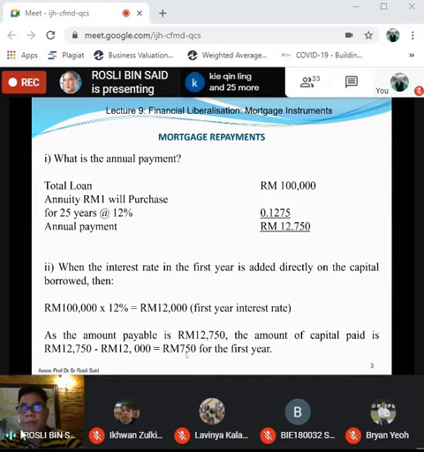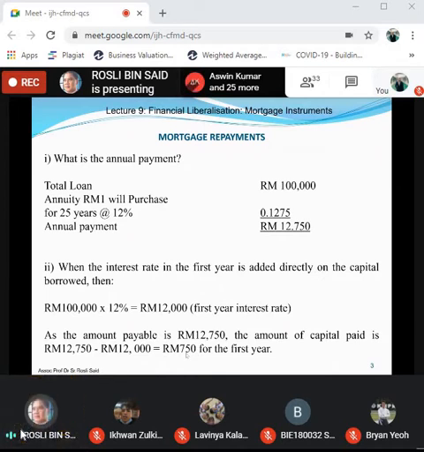Prepayment penalty refers to the amount of penalty that we have to pay to the financial institution as a result of default or breach, because we promised the financial institution to pay back for the next 25 years, for example.